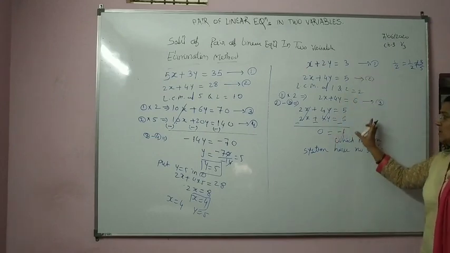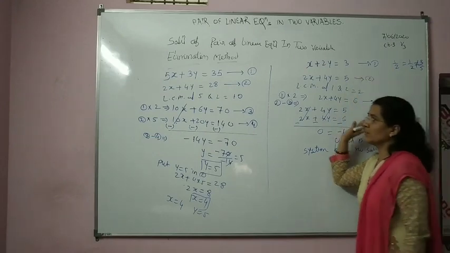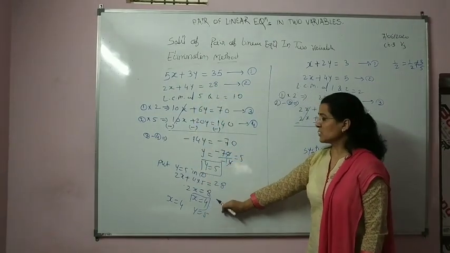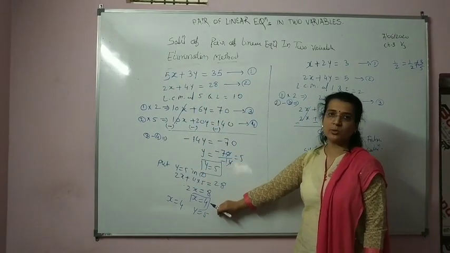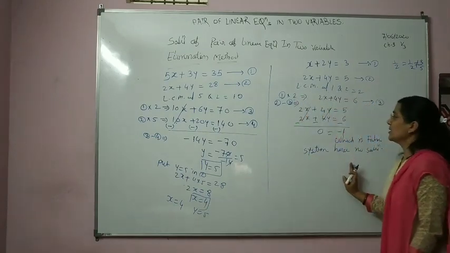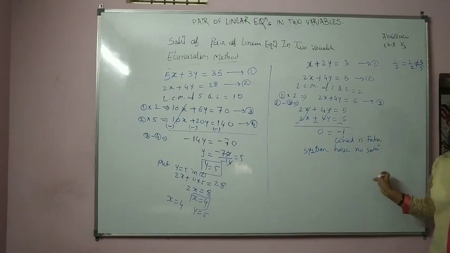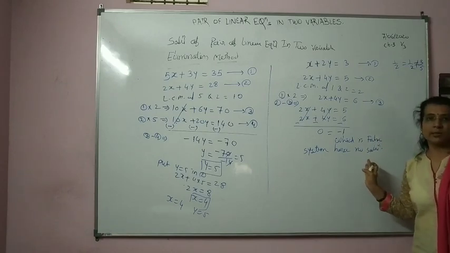Sometimes we skip this part, because generally we have a habit of finding the unique solution, and you will see many of the questions are based on the unique solution. Sometimes we skip such types of parts which have no solution and which have infinitely many solutions by the elimination method. So this is all about the elimination method.